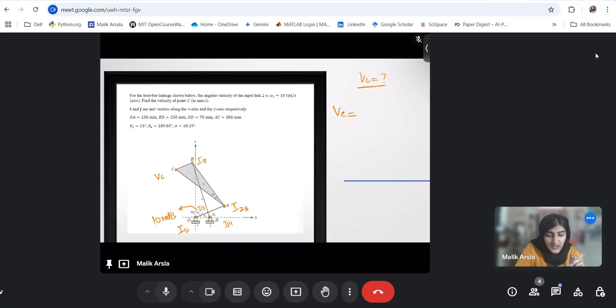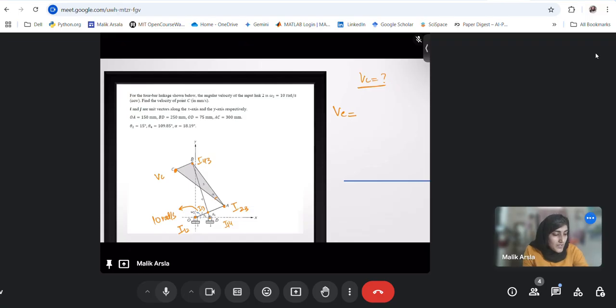Yeah, you can write it that way. You know that VC can be written as omega of this link, which is omega 3, and the distance from C to I13. If you have written that, then it's correct.